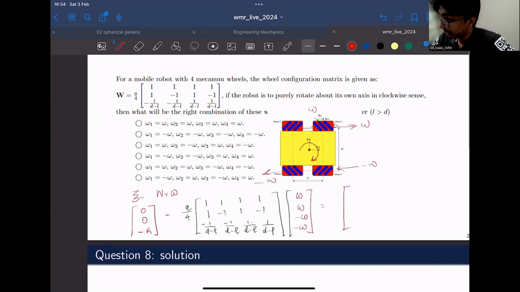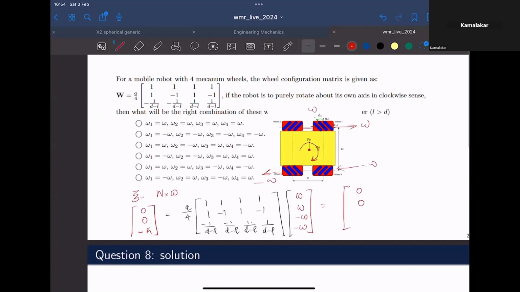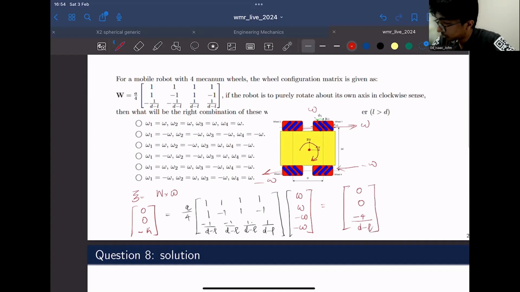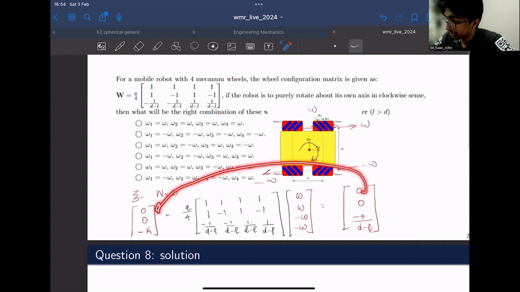The first row would be omega plus omega minus omega minus omega, that's 0, right? The second row would be omega minus omega minus omega plus omega, that is 0. And the third entry would be minus 4 by d minus L. So this is more or less similar to this, right?